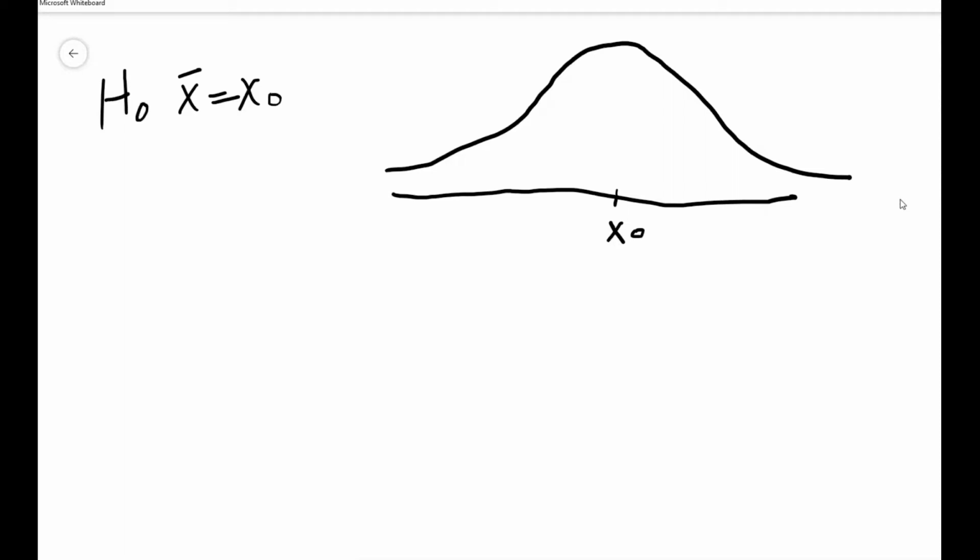We have alpha, so this area is half alpha, and for the right-hand side, we have another half alpha. So this is 1 minus alpha. Suppose alpha equals 5%. Then this is 2.5%, this is another 2.5%, and this area is 95%.